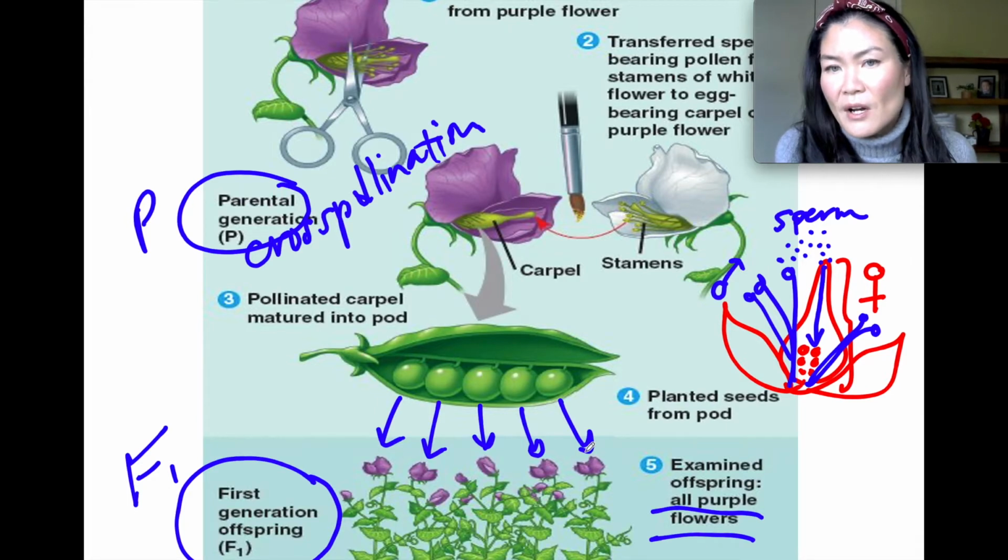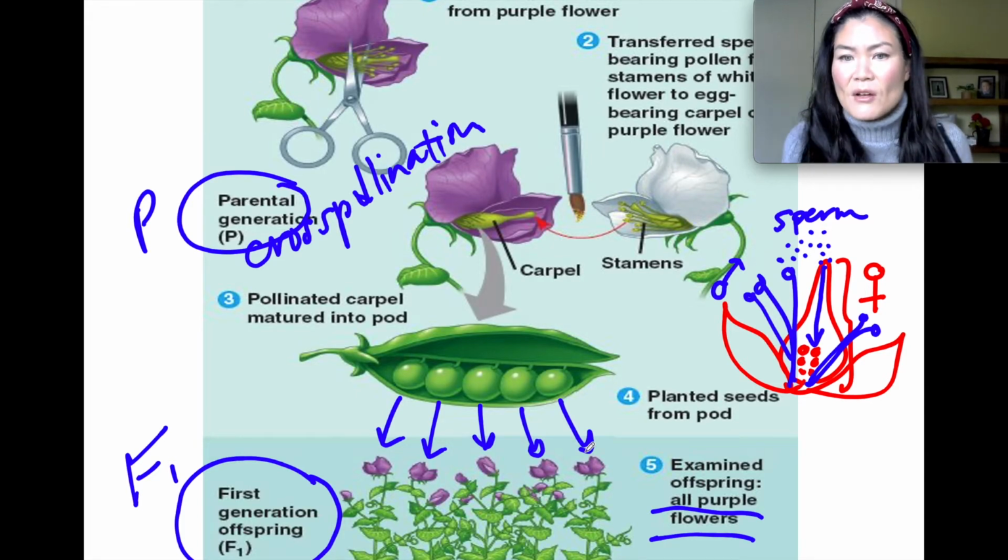So flower color is just one of the characteristics that he studied. He also studied pea color, pea shape, pod color, pod shape, like that table I showed you earlier. And he saw this pattern. So for example, for pea color yellow versus pea color green, when he cross-pollinated them, the F1 generation were always yellow.